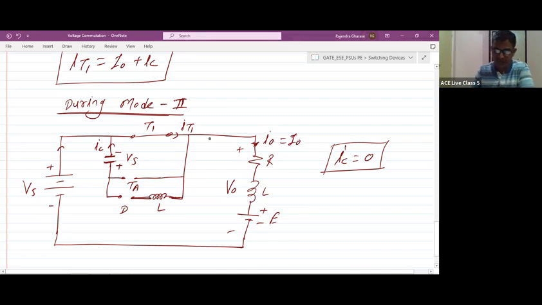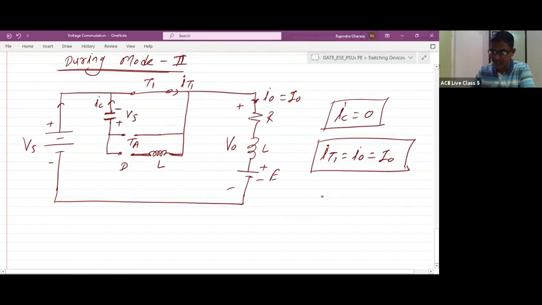So can we say that during mode 2, IT1 is equal to I0, because the current flows from the source towards the load through thyristor T1? That is the outer loop current flowing. So IT1 will be equal to I0, which is equal to capital I0. This is your IT1.